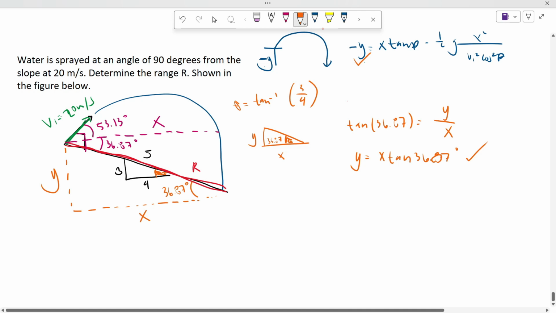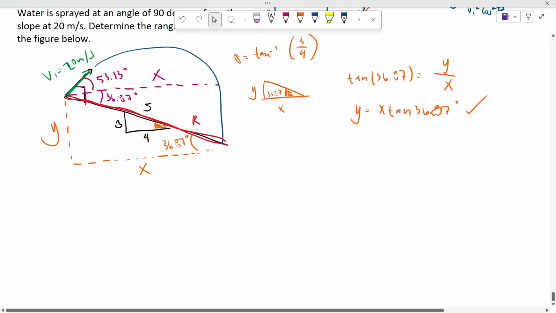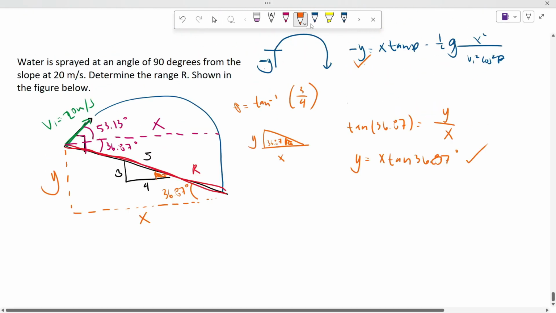So, from the general equation, we now have a value for y. Next, we will insert this into our general equation. How do we insert it? The value of y is equal to x tangent of 36.87, so we insert it for negative y.